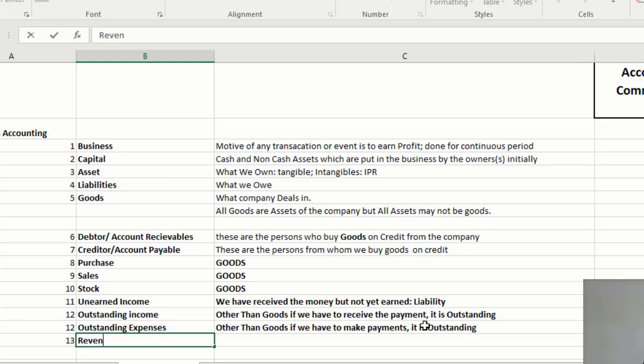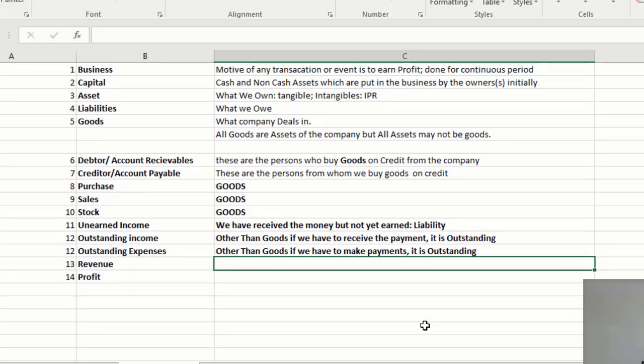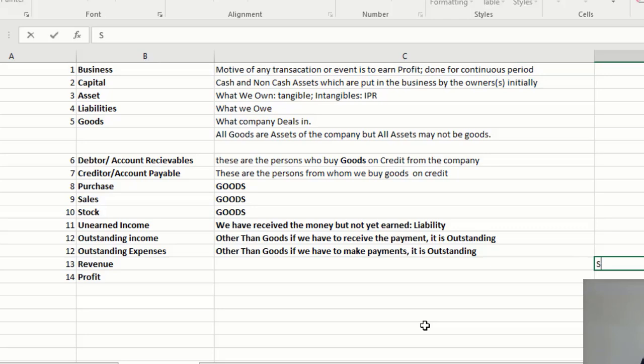Now comes, I love this part, revenue. 14. Profit. What is revenue? So let us take an example. Suppose there is a product whose sale price is equal to 100.